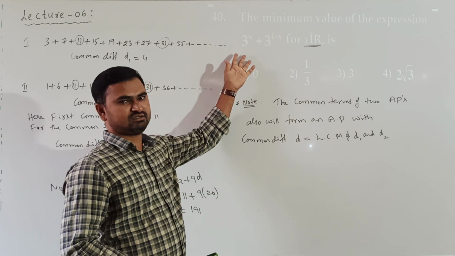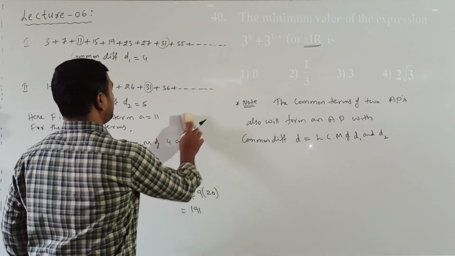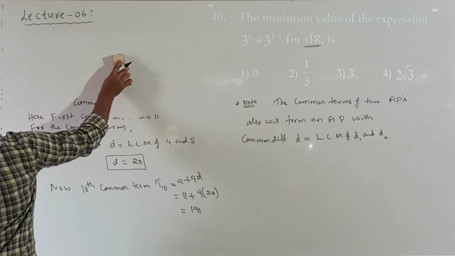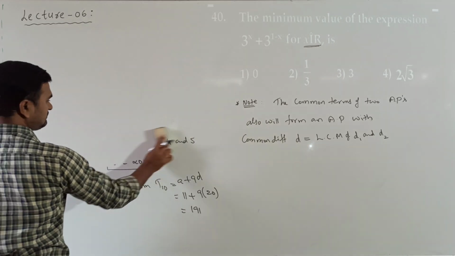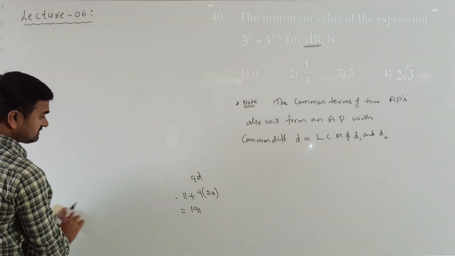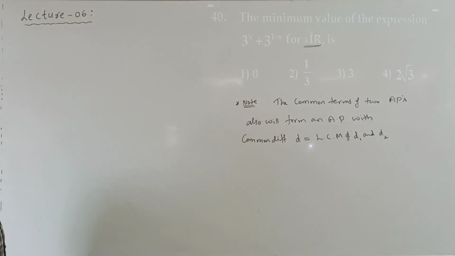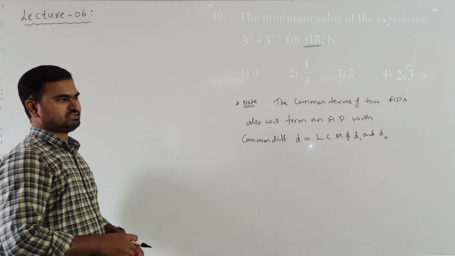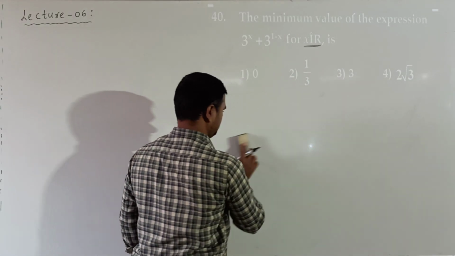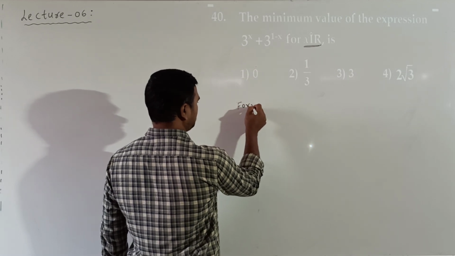Now we solve this using sequence and series. This type of model will also be important for finding minimum or maximum values of some terms. We can use one concept based on sequence and series, which is also a formula you can remember.